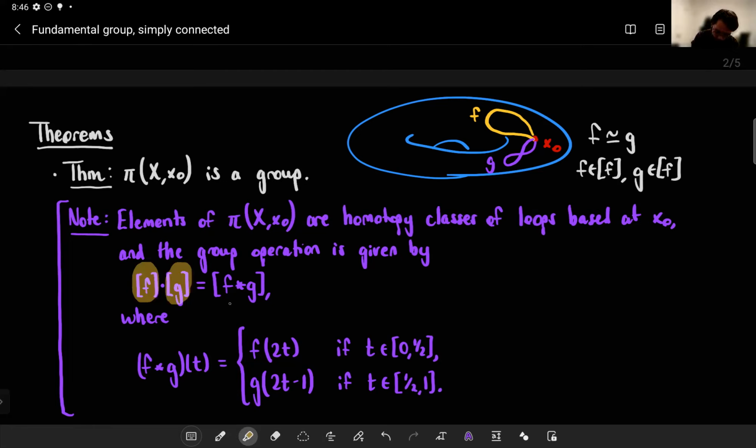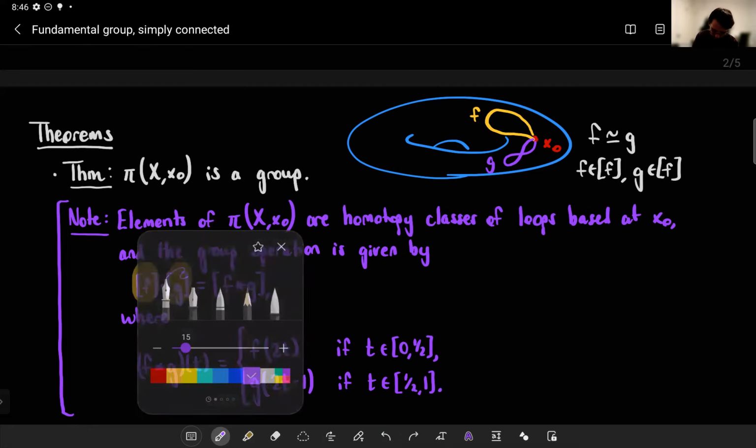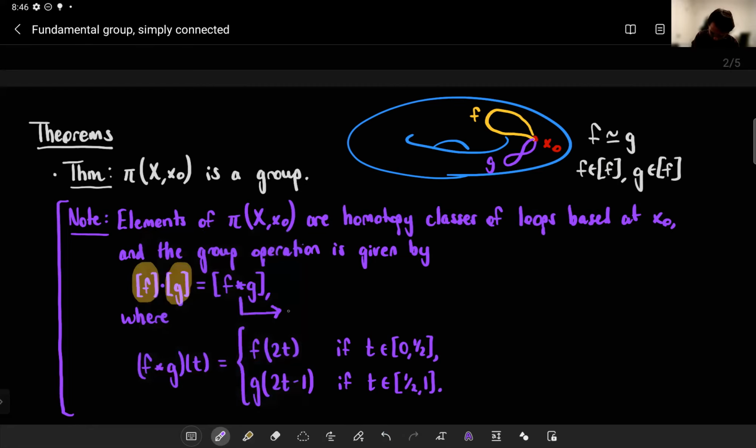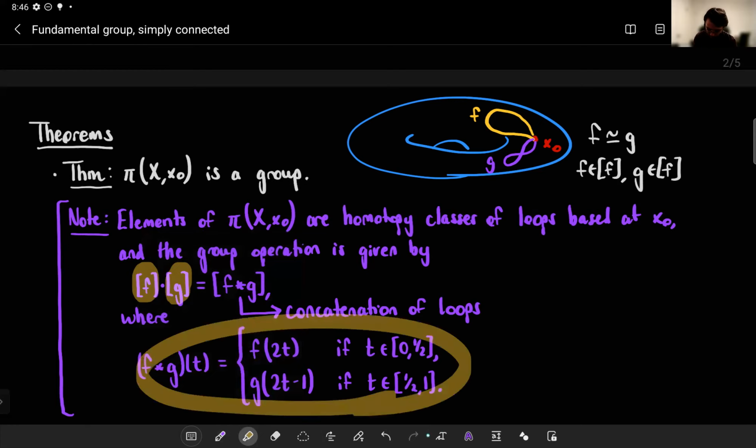And the way we combine them is by concatenation. Okay, so it's worth writing that down. This is concatenation of loops. And I define specifically what that means right here.